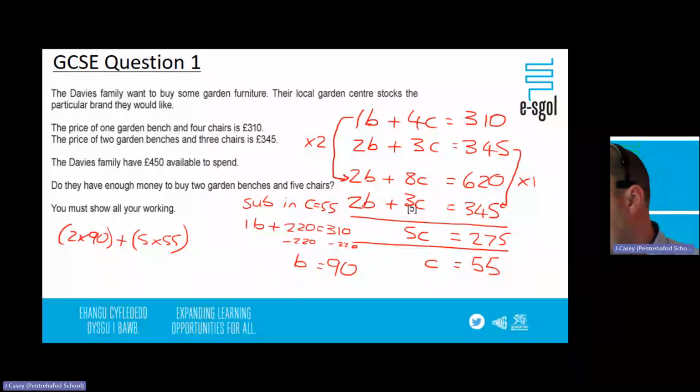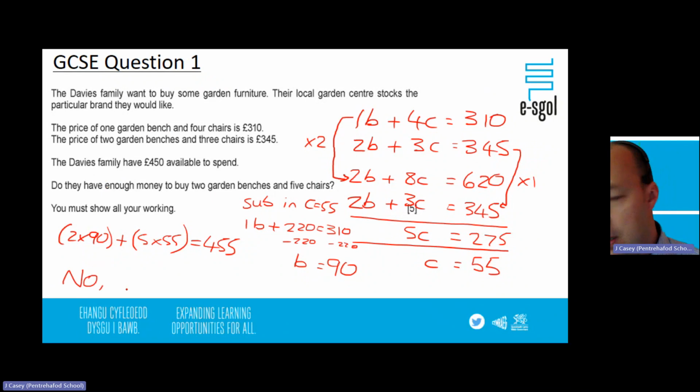So add that together and it gives me an answer of £455. If you leave it at that, you're quite possibly going to lose a mark because you're not answering the question. They have enough money, and the answer pretty much is no. They don't have enough money because £455 is greater than £450, which of course is the budget that they've got available.